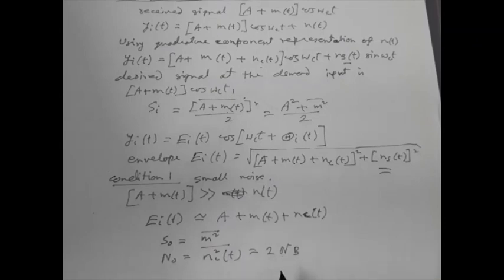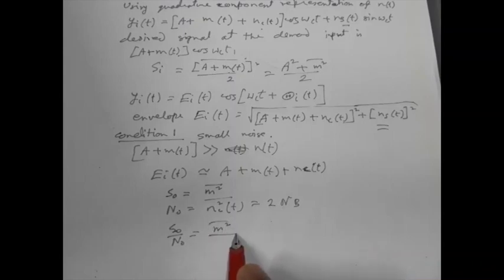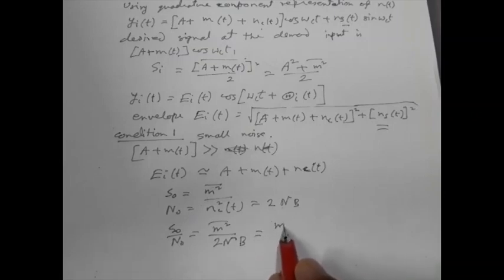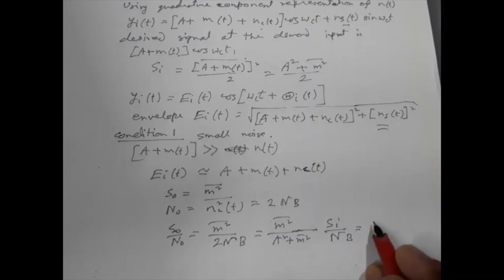So S0 by N0, the output SNR, is equal to m square bar by (A square plus m square bar) into Si by (n into b), that is equal to m square bar by (A square plus m square bar) into gamma.